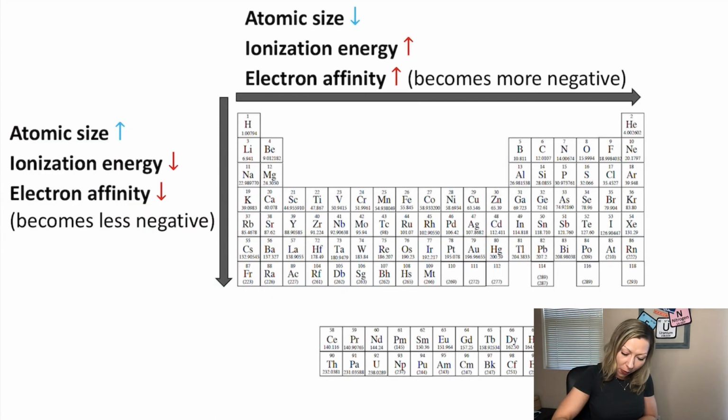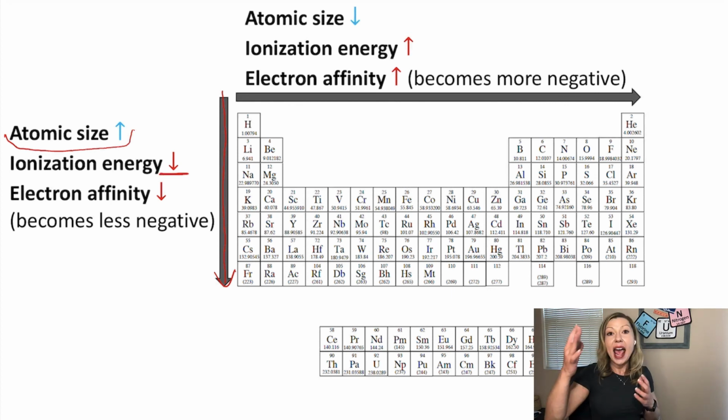As we go down in a group, we know that we are going to add shells, so the atomic size is going to increase, which means that it's going to be easier to remove the outermost electron, so the ionization energy will decrease, and also the electron affinity becomes less negative, so it's also going to decrease.